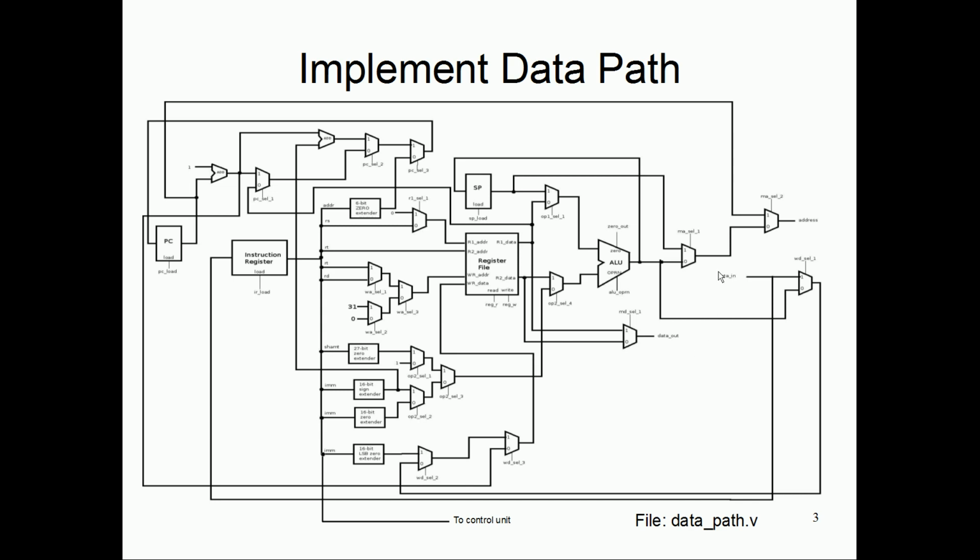A couple of points to be noted in this data path. There is a separate data in and separate data out. This one is giving out the address of the memory where things need to be written out, and this part is coming from the memory, either for the instruction read or for the data read.